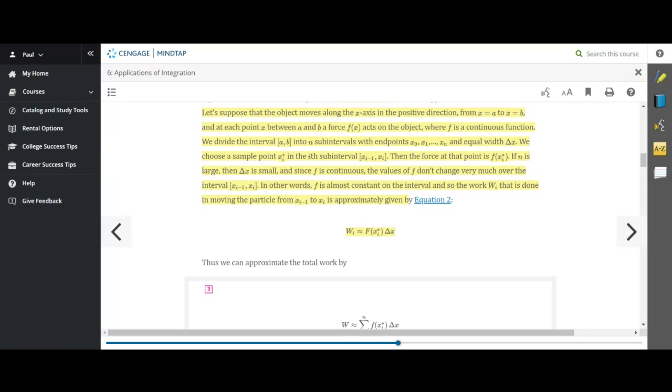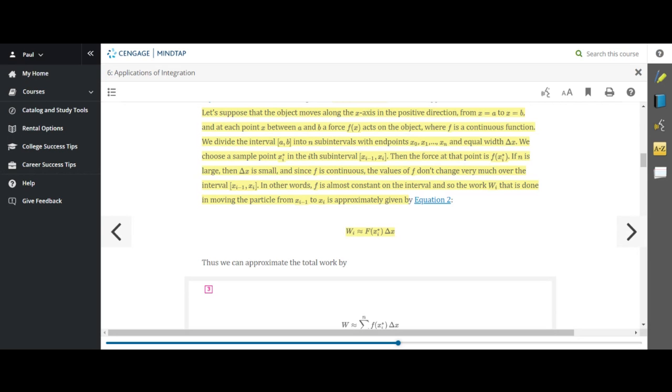At each point a force acts on the object, but the force is a function of x, and f is a continuous function. How could we compute the work in moving the object from a to b when the force varies with x?